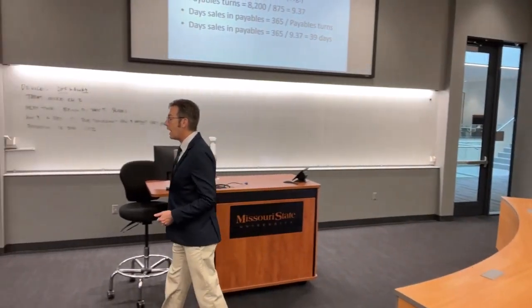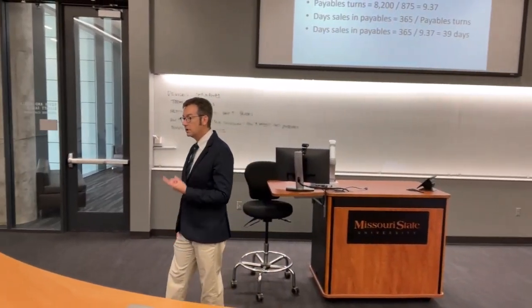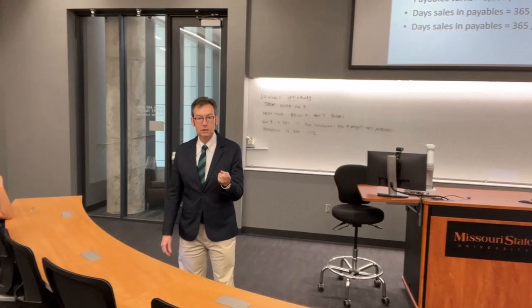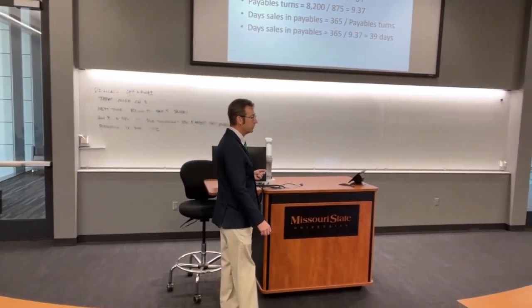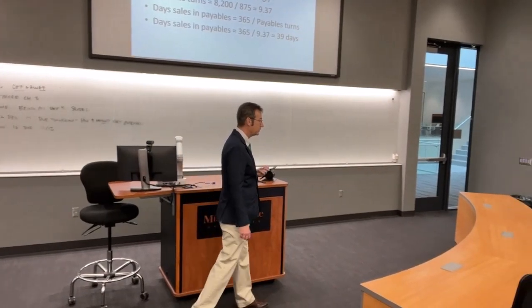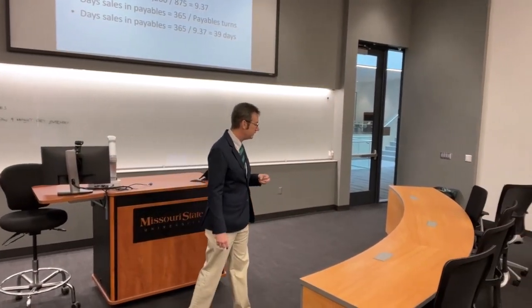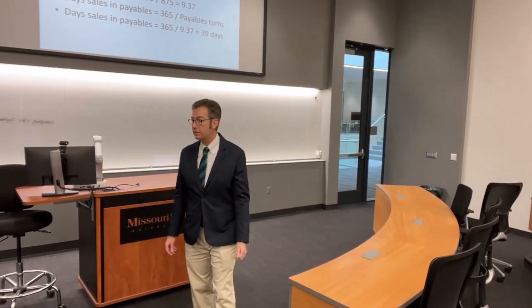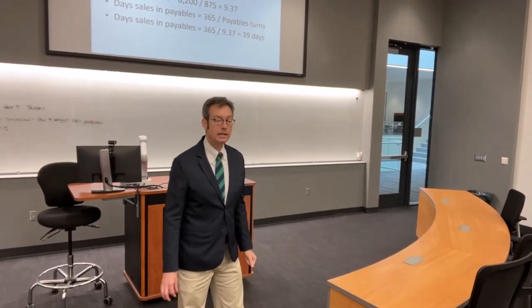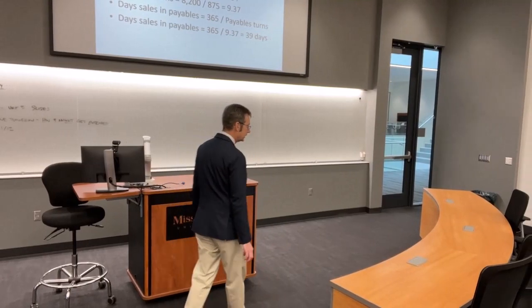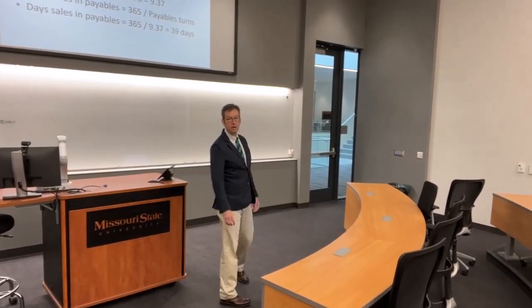And we're going to use that average accounts payable. What if I only give you one accounts payable? Just use it, right? So your payables turns here are 8,200 divided by 875 or 9.37. And I can do my math, 365 divided by those turns gives me 39 days. 39 days. Okay, what does that mean?